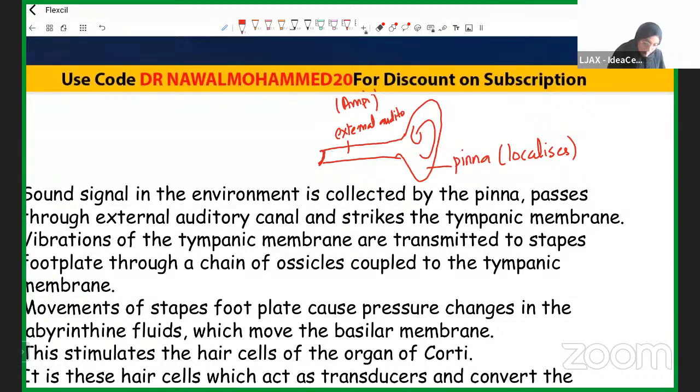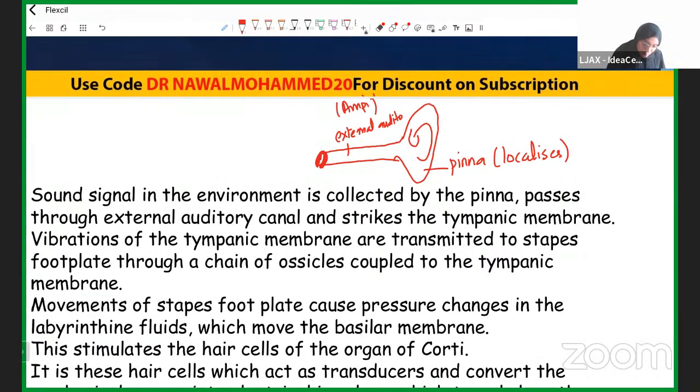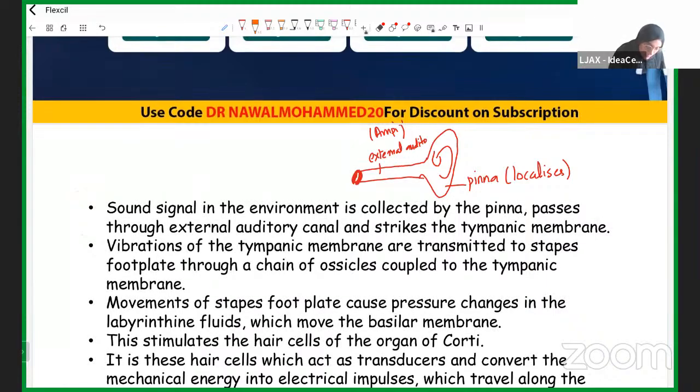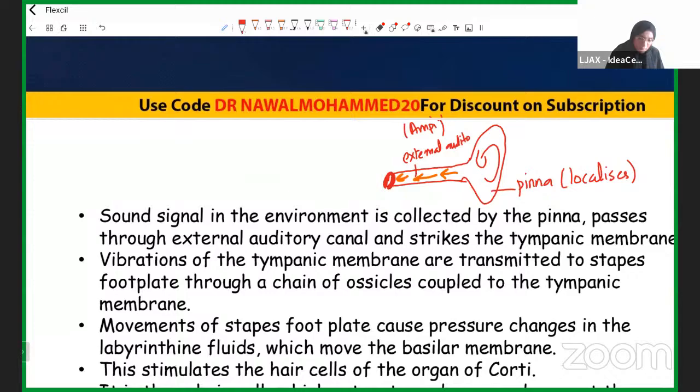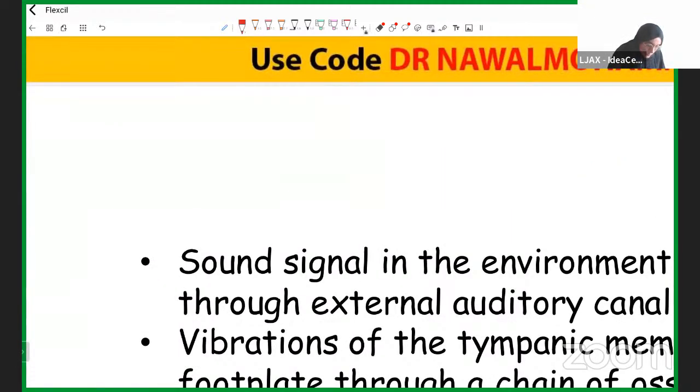All right, and then it strikes the tympanic membrane. So if this is the tympanic membrane, the sound will strike down here. Let's mark it: this is the sound entering the ear. It will strike the tympanic membrane. Now, just for your information and depth of knowledge, your tympanic membrane is like a big drum, with the pars tensa.